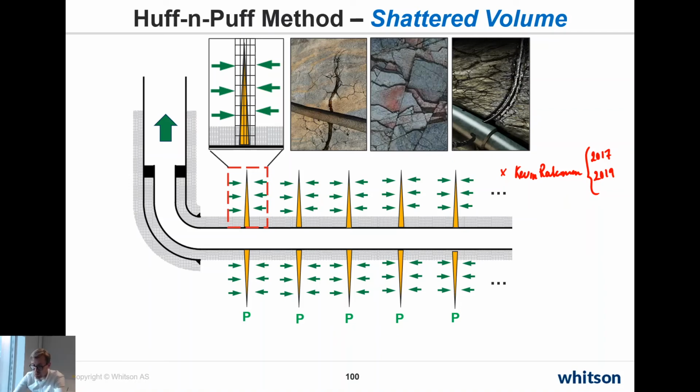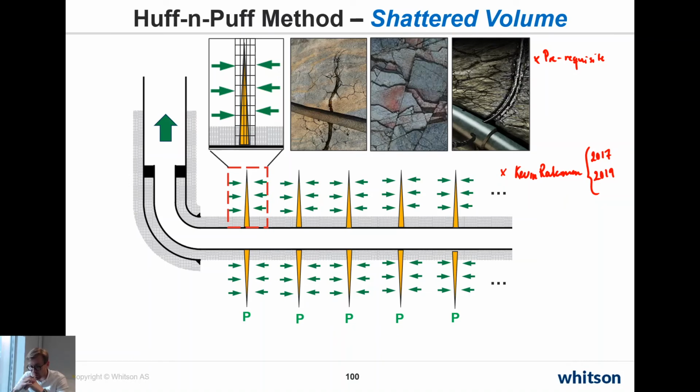So this is just a mental picture of what we call a shatter volume. That's an absolute prerequisite. And what we'll see, if you analyze production data, just by looking at the transients from the puff period, is evidence that there is a shattered rock volume, and we are not actually producing from these pure planar fractures that we typically, or sometimes at least, model these reservoirs with.